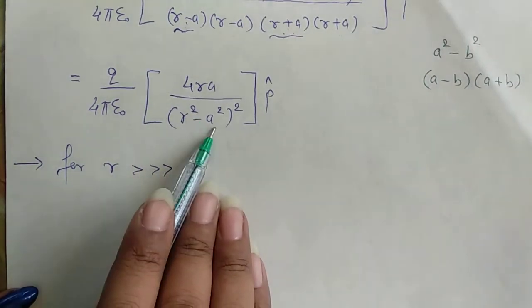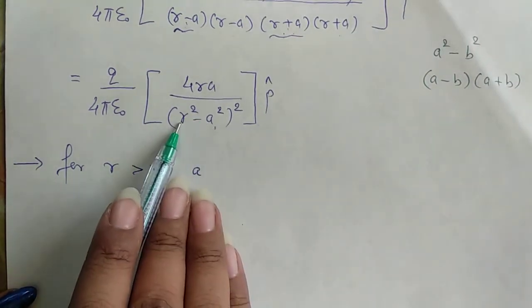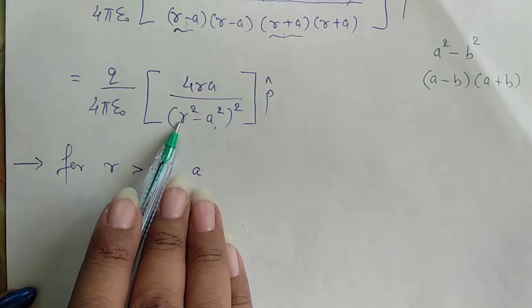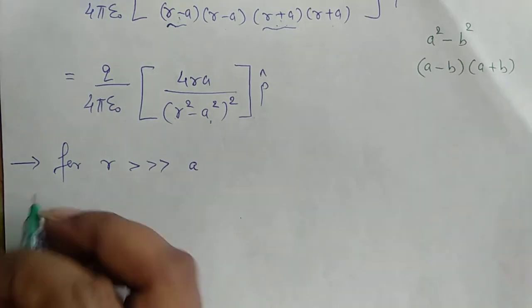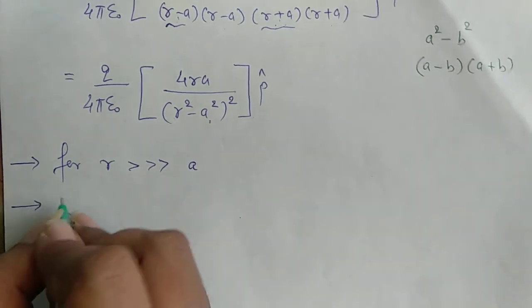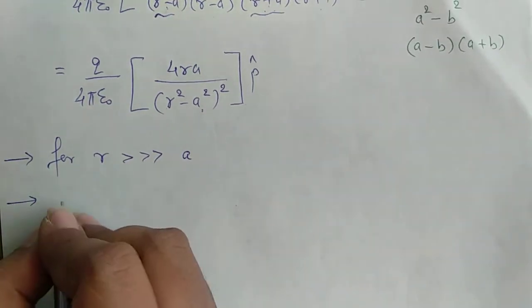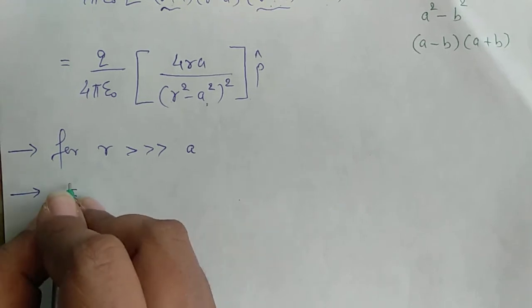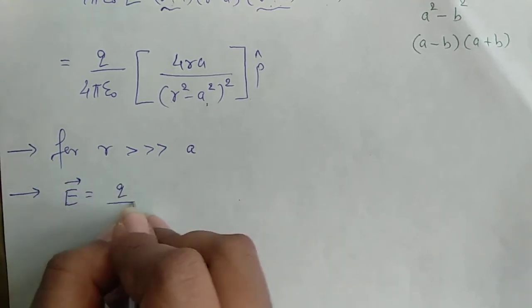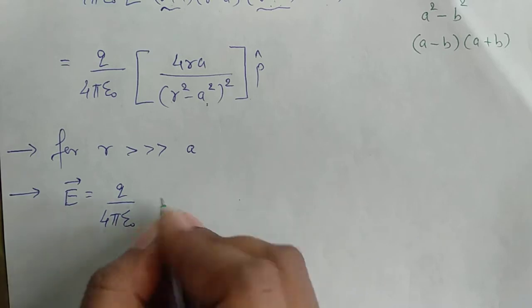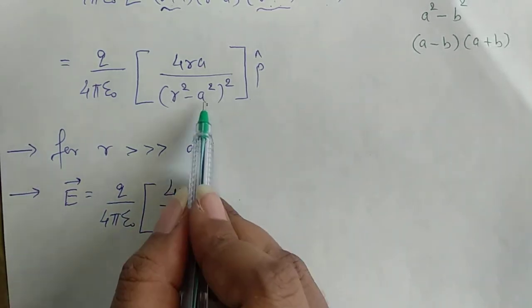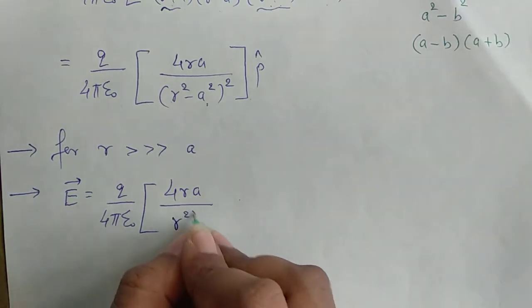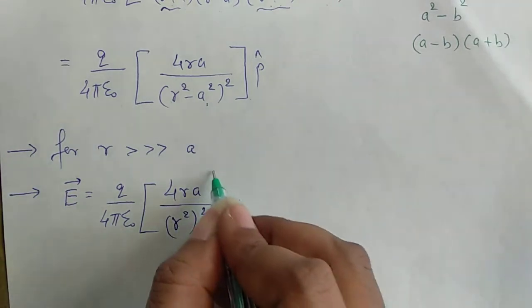Then in this equation, this a can be neglected as this r is very big. So it doesn't make any difference whether we subtract a or not. So on neglecting a, what will we get? We'll drop out this a, so we'll get (r square) whole square.